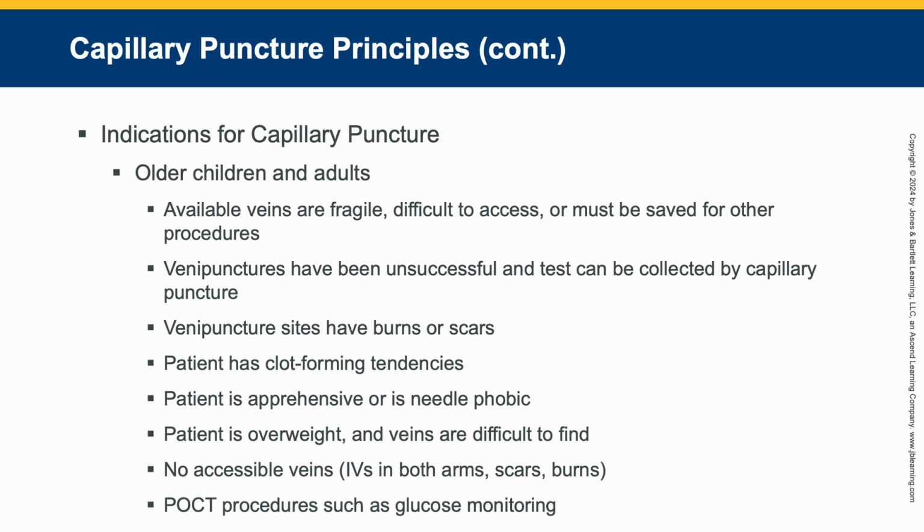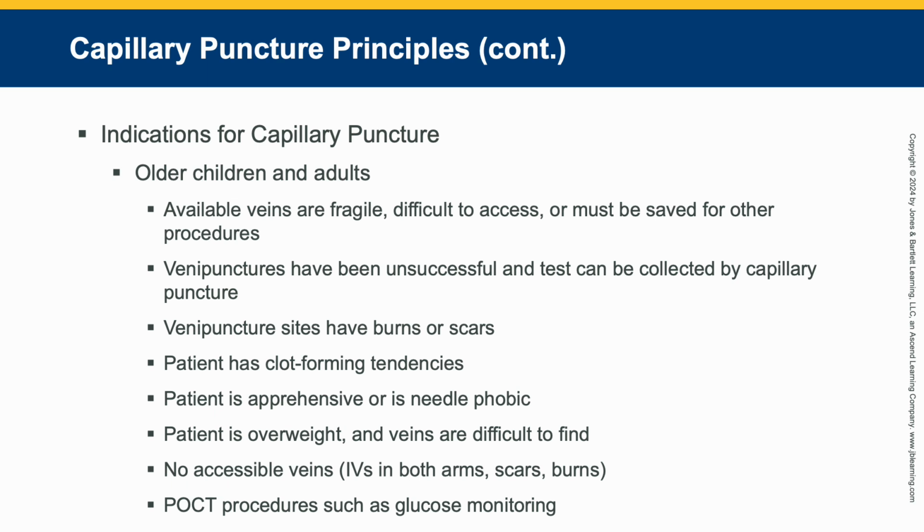Either way, if you don't have a good accessible vein, and just keep in mind, some of these things you can't do capillaries on, but if what the doctor has ordered is possible and they have no accessible veins, then yes, it is okay to do a capillary puncture. And then lastly, these are always done by capillary puncture: point of care testing procedures. So know what that stands for, POCT, point of care tests, okay?